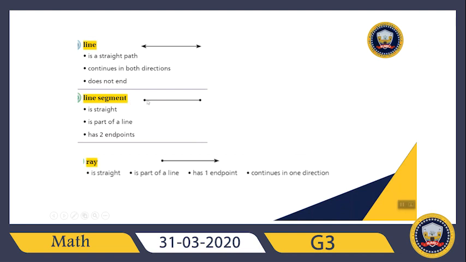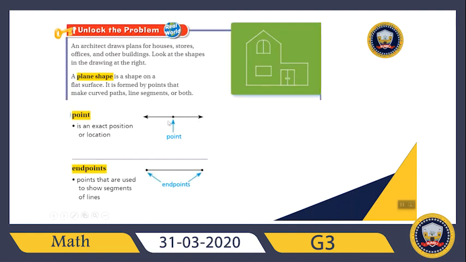Line segment: it has two endpoints. And the line is just a straight path that continues in both directions, so it does not end. And the last one was a point, and this one was an endpoint. It shows the segments of a line.